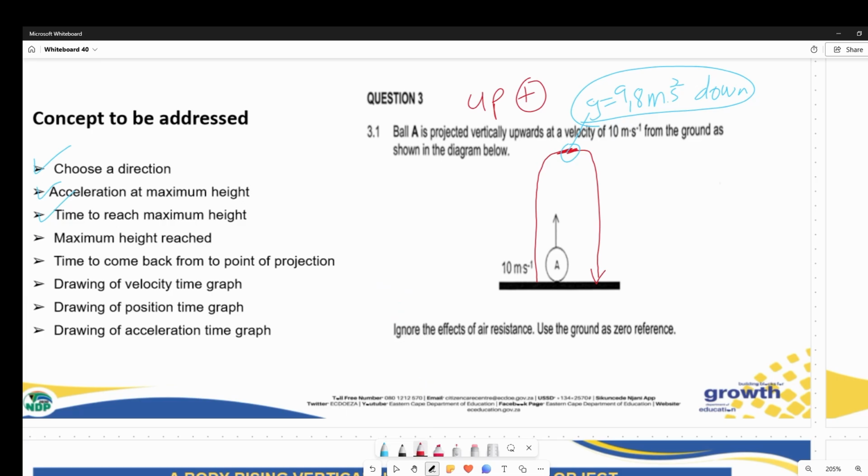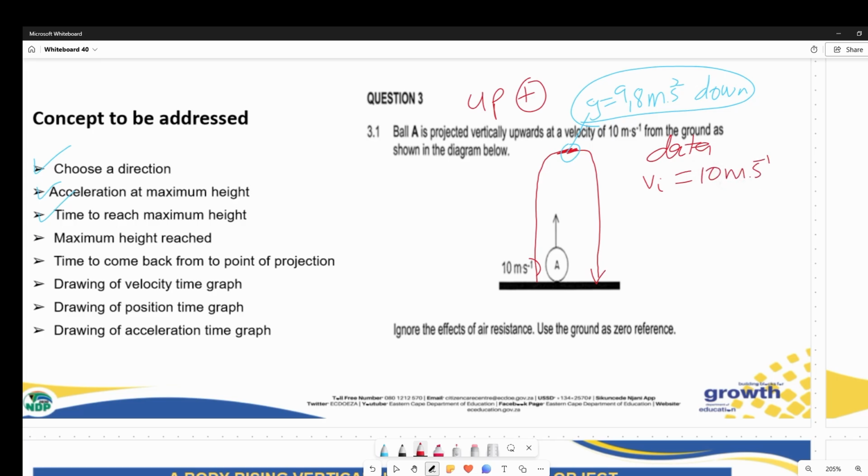Now, let's go to the data. What do we know so far? We're given our initial velocity here as 10 meters per second.